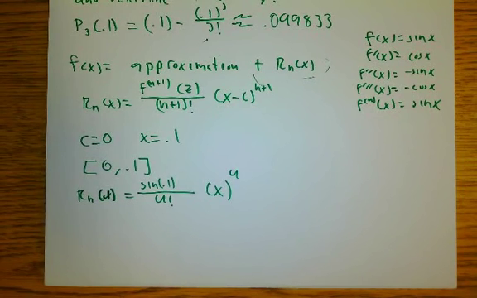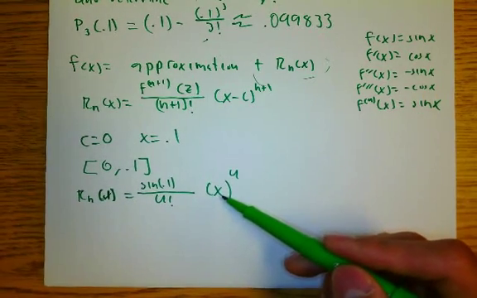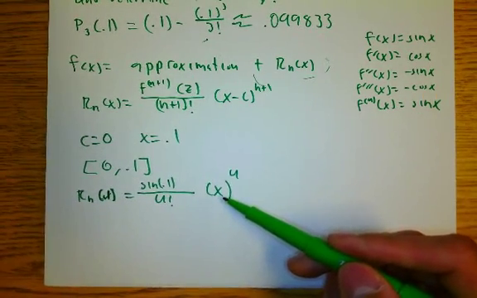So here's my question: you have everything except x, or do you have x? You do have x. What was x? So sine of 0.1 over 4 factorial times 0.1 to the 4th power, right?